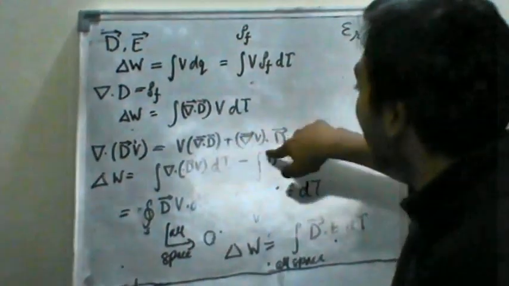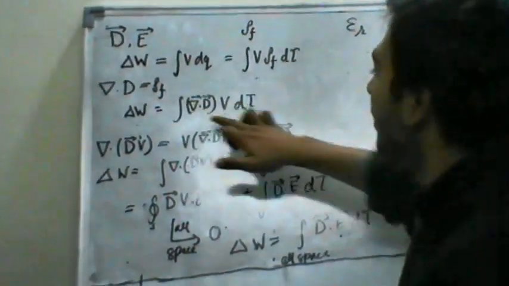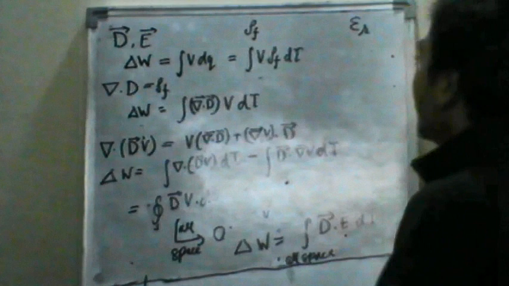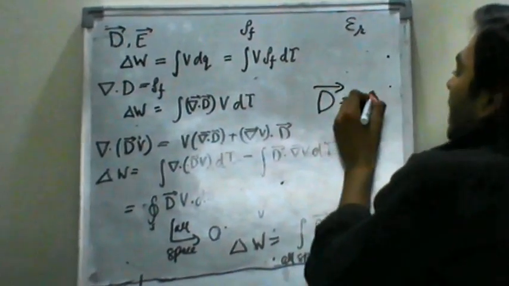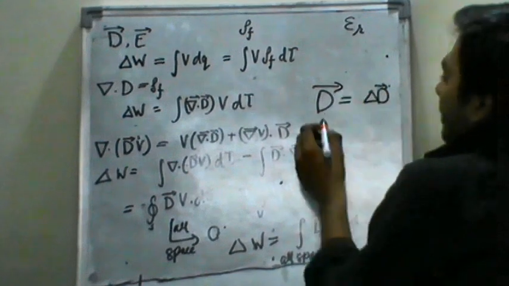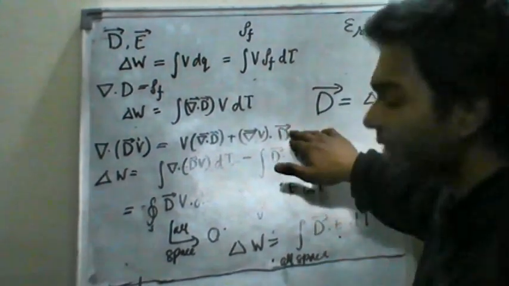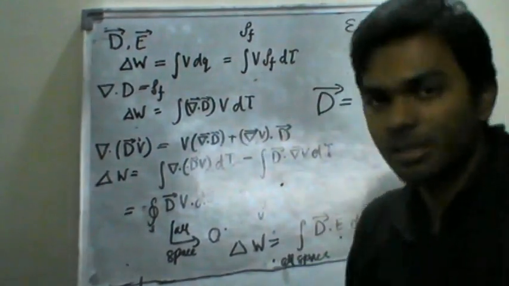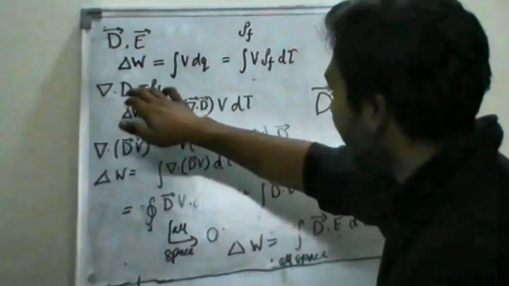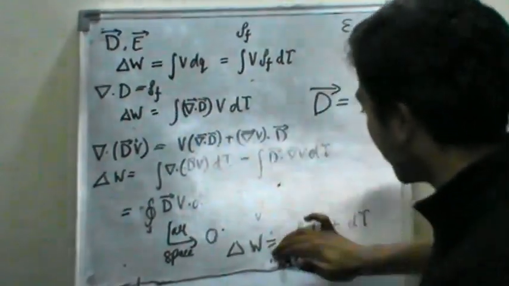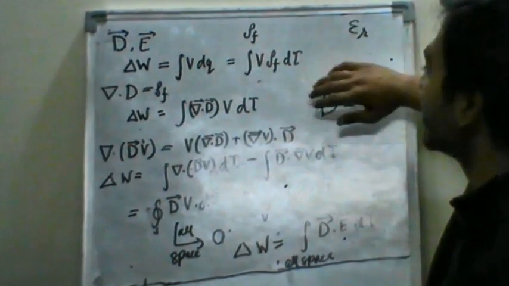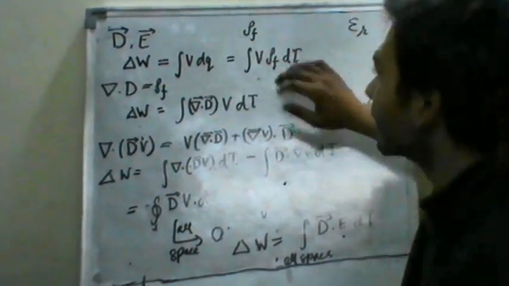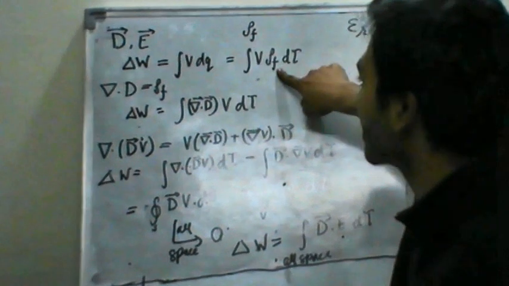Though I have by mistake written D everywhere, this D is actually only the change in electric displacement caused because I brought this charge.